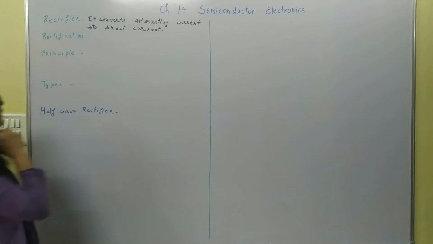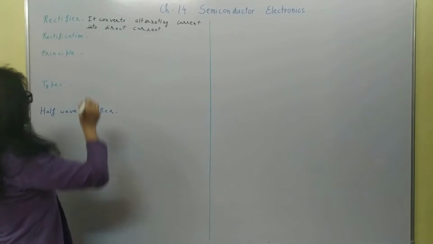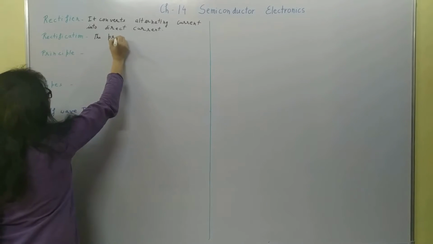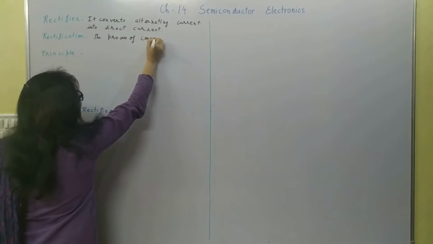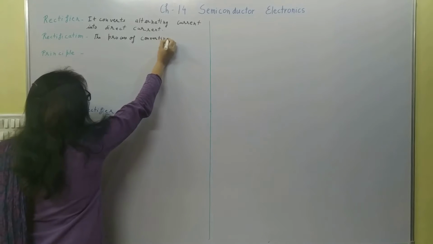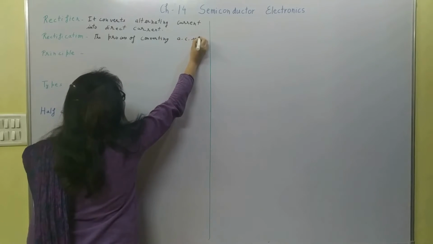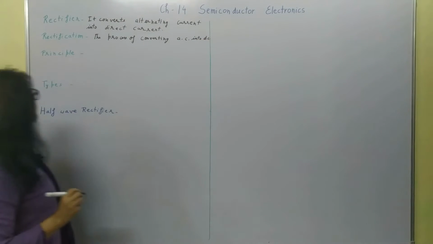And what is rectification? It is the process of converting alternating current into direct current, that is DC, right?